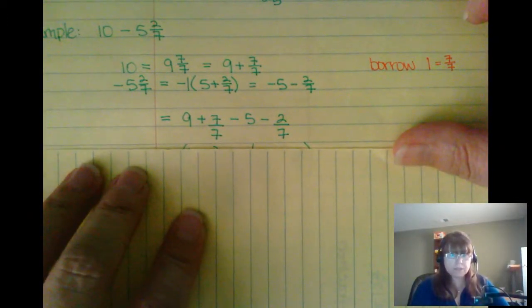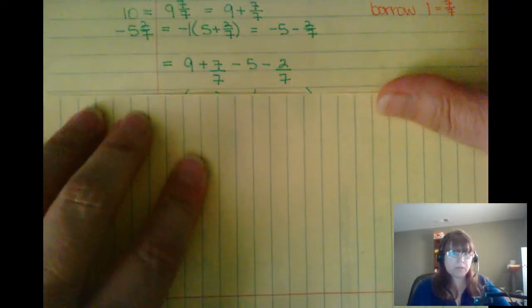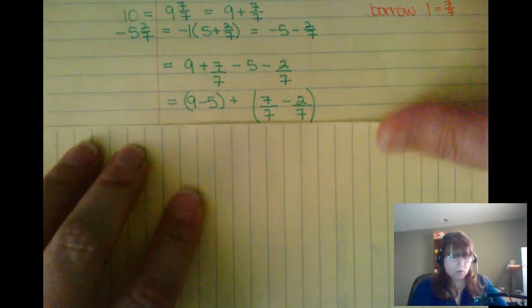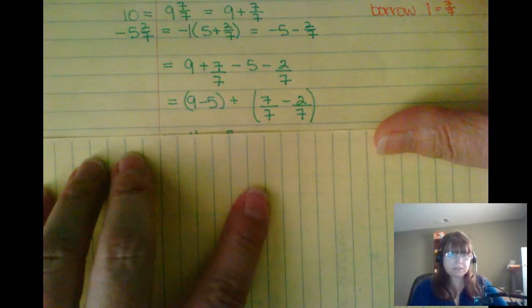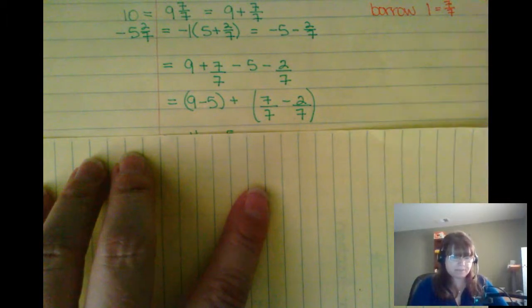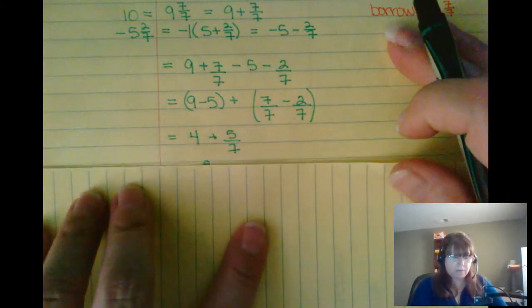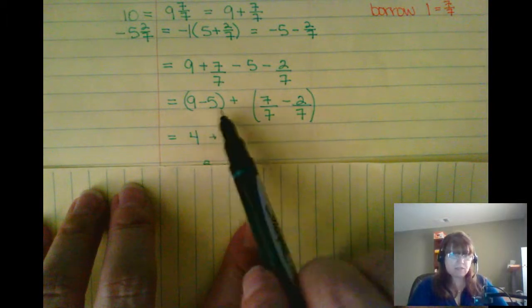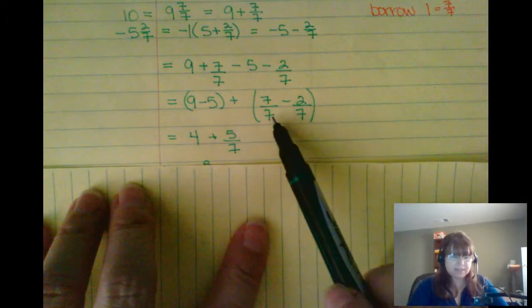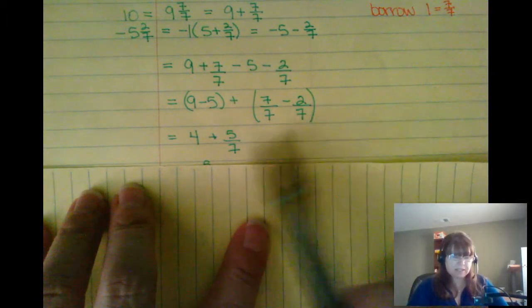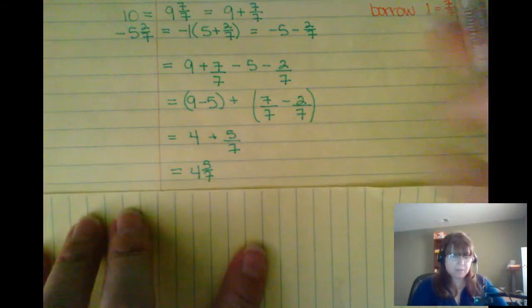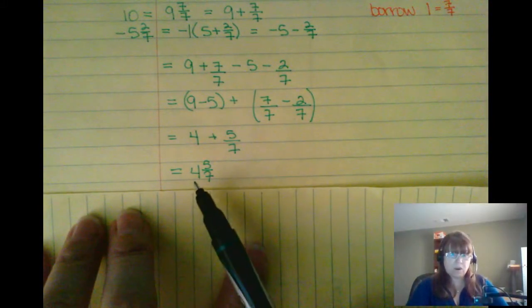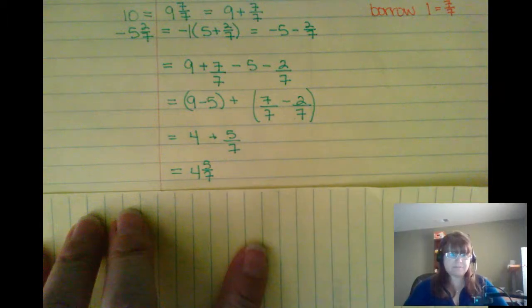Rewrite my problem so it's nice and clear what I'm doing here. Group my whole numbers and my fractions. Now I do the math. 9 minus 5 is 4. 7/7 minus 2/7 is 5/7. Therefore, my final solution is 4 and 5/7.